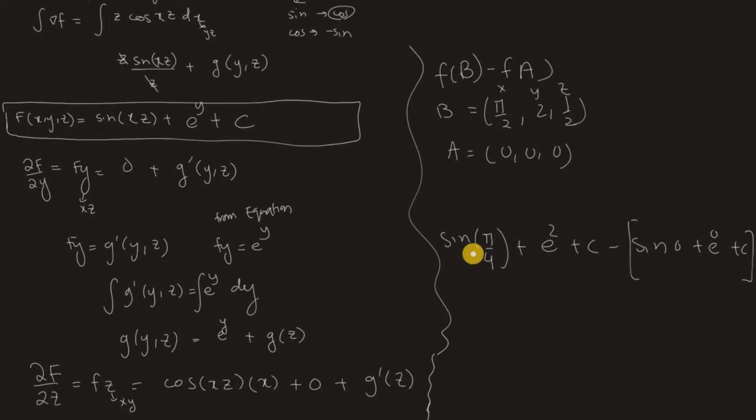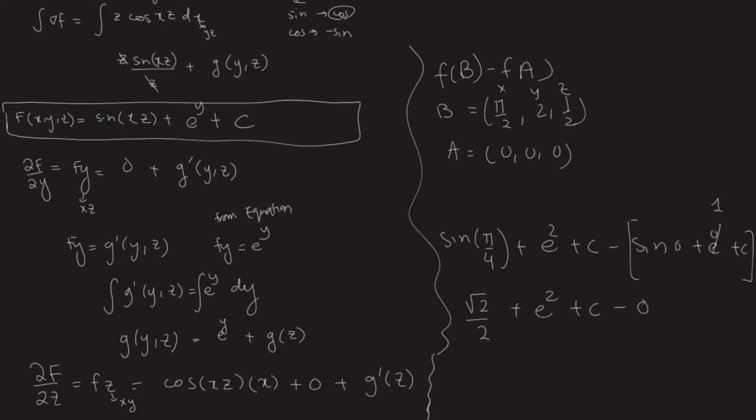So then this gives you square root of 2 over 2, or you can leave it as sine of pi over 4, and now e squared plus c, and that's negative. Sine 0 is 0, and e to the power of 0 is not 0, remember, it's 1.